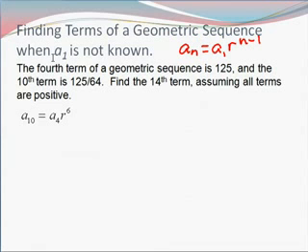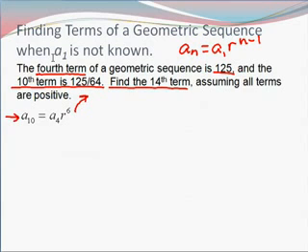But this equation is going to help us to find the 14th term of a geometric sequence where the 4th term is 125 and the 10th term is 125 divided by 64. The equation that we're going to use is going to be A10 equals A4 r to the 6th.